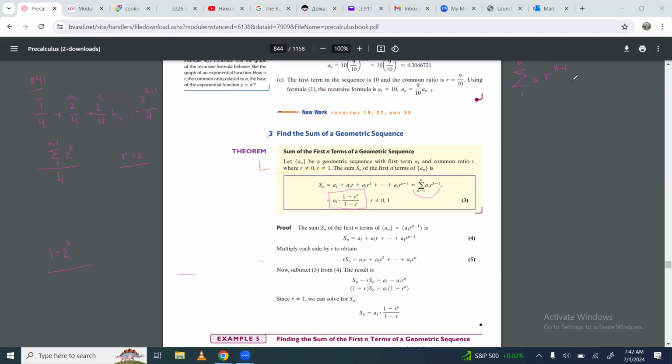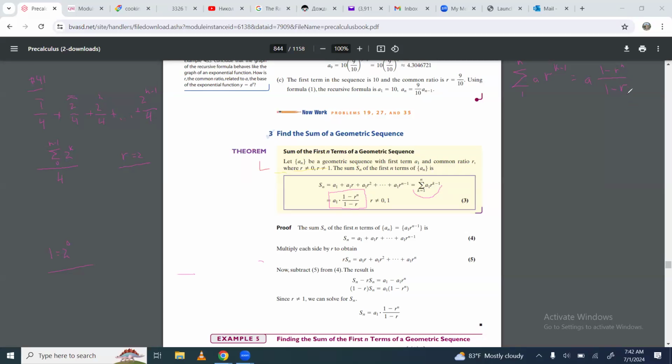That's standard. So what they do is they see that a is present in each of those terms, so they can factor it out, and then multiply it by the interesting looking fraction. 1 minus that ratio raised to the power of n divided by 1 minus that ratio.